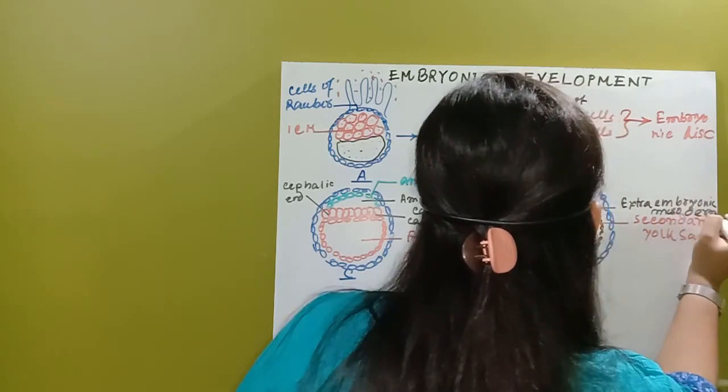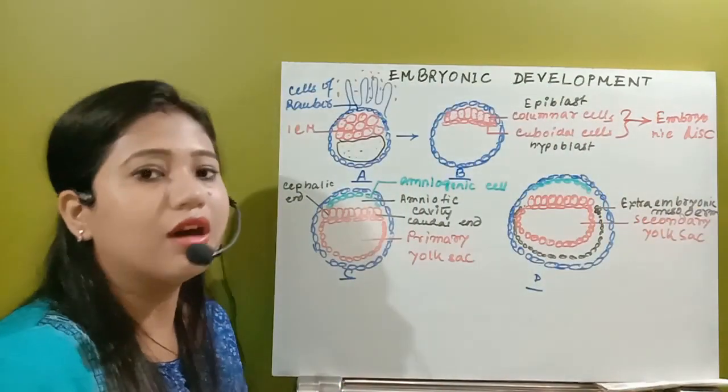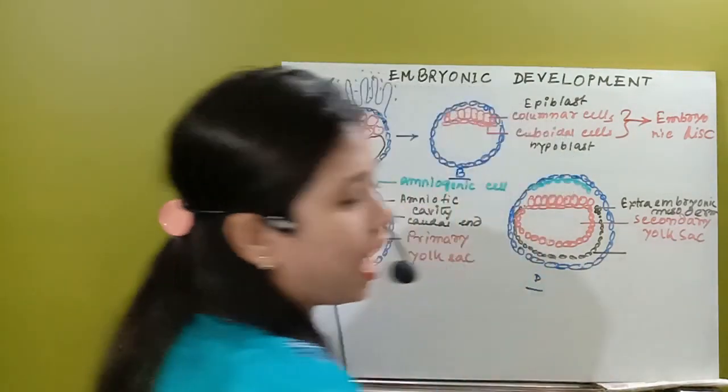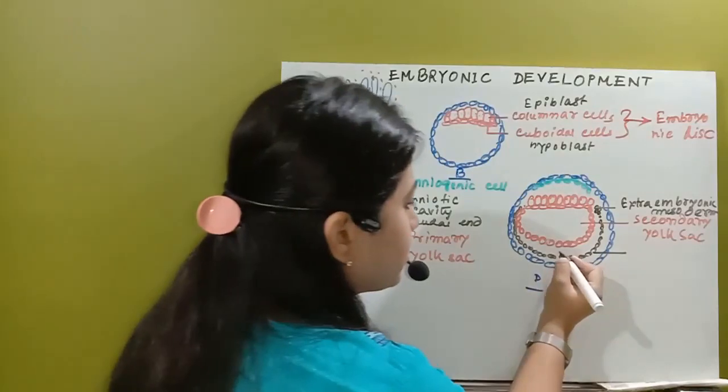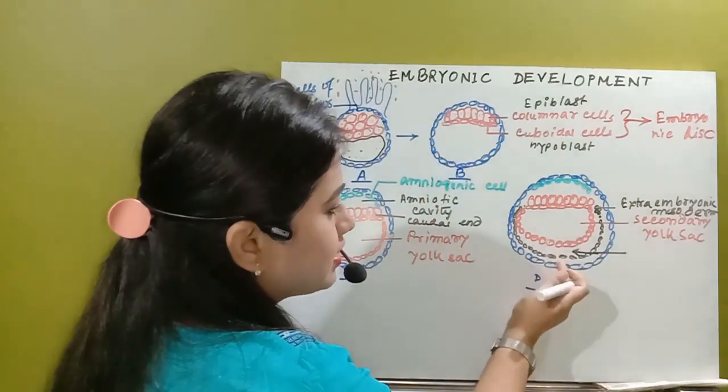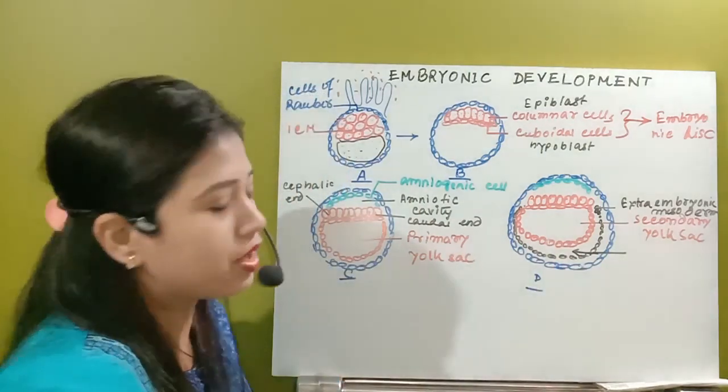This extra embryonic mesoderm will form the layers that will be amnion and chorion.